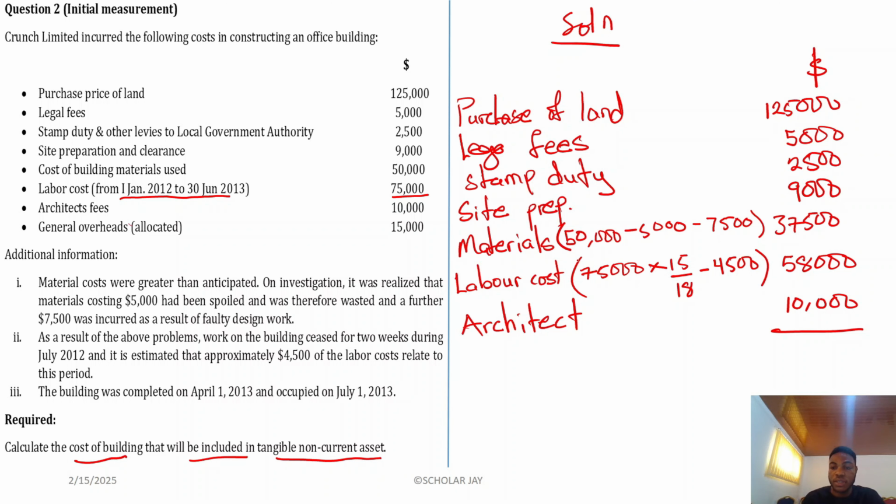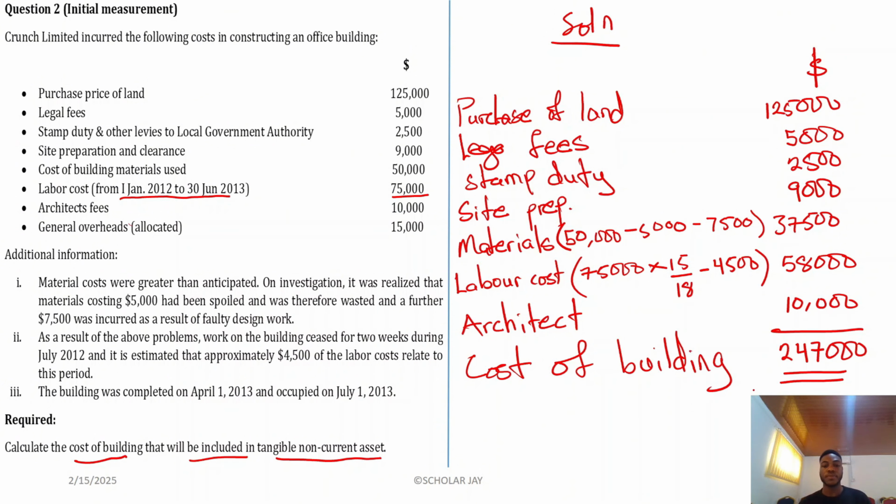So we end up getting $247,000 as the cost of building. I hope you are with me. So this is what will be shown in the statement of financial position. So that brings us to the end of our question solving on initial measurement.